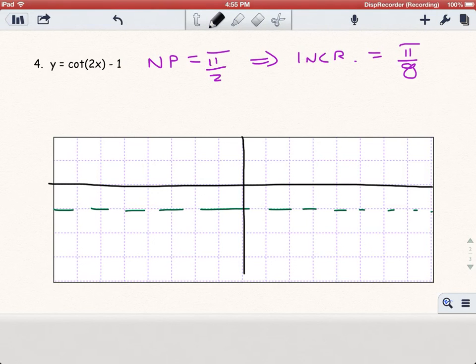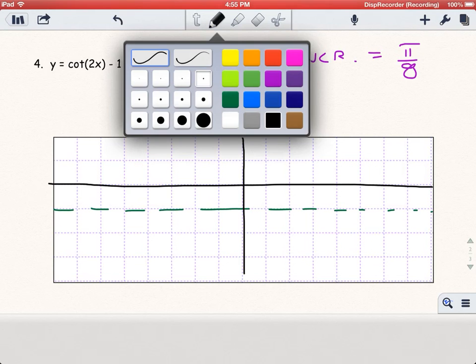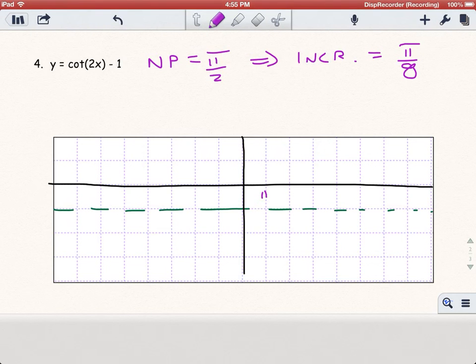So our x-axis will go just above that. Pi over 8, pi over 4, 3 pi over 8, pi over 2.